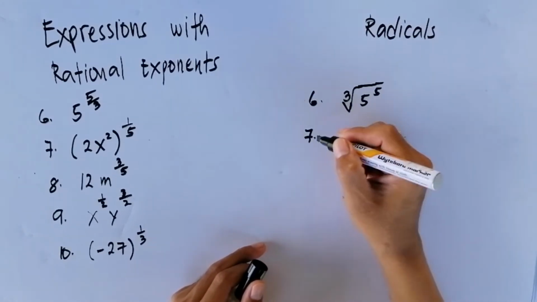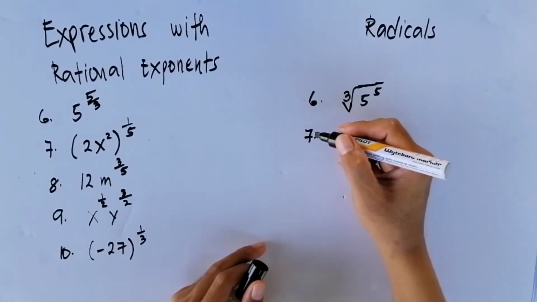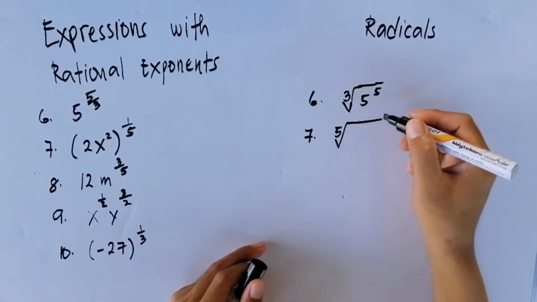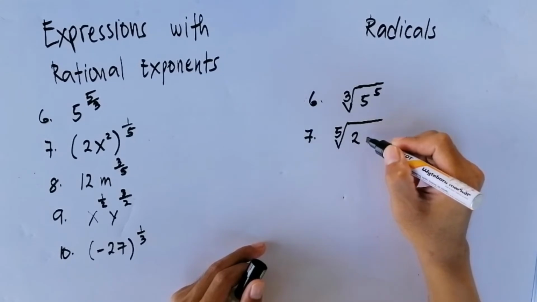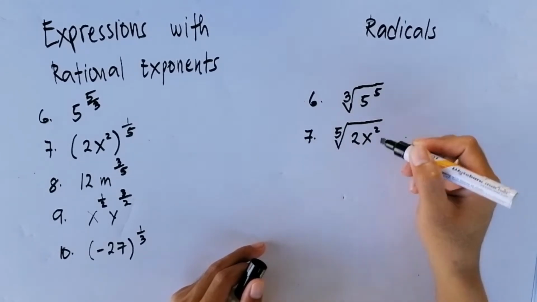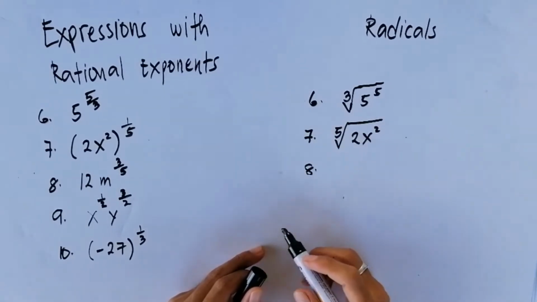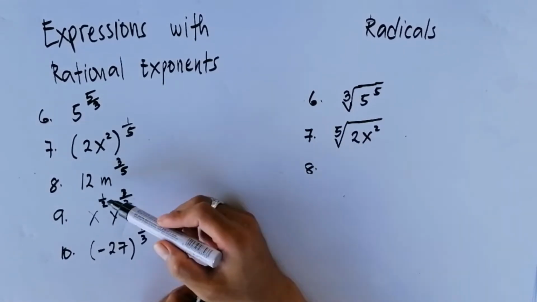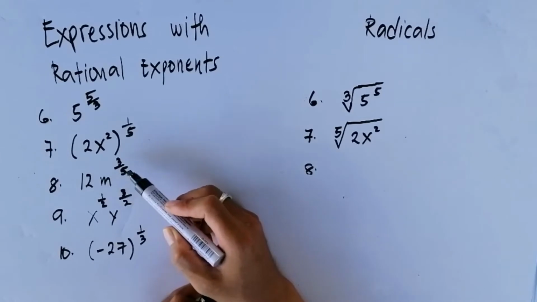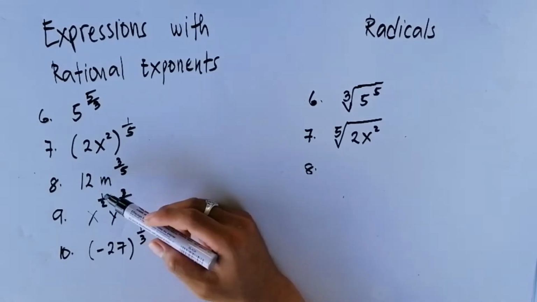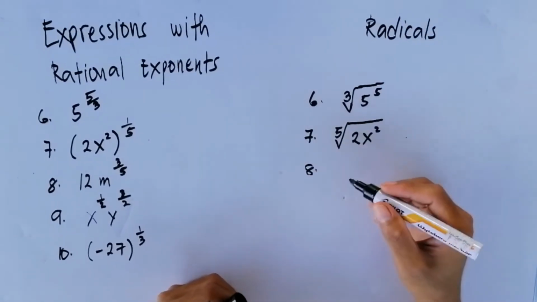For number 7, that is the 5th root of 2x squared. For number 8, the problem is 12m raised to the power of 3/5. Since my exponent here is only on m, 12 stays outside.